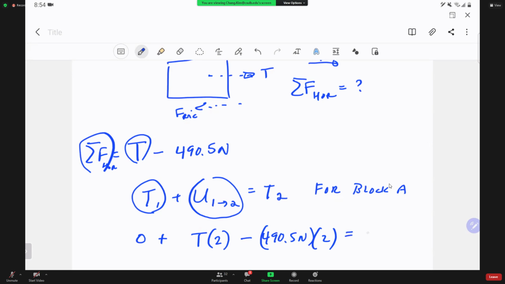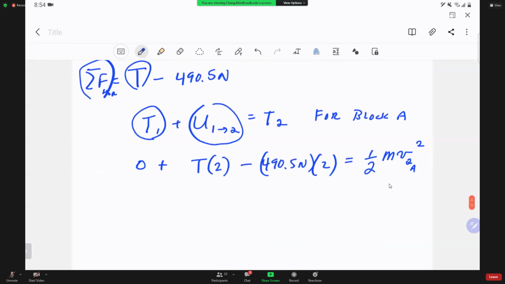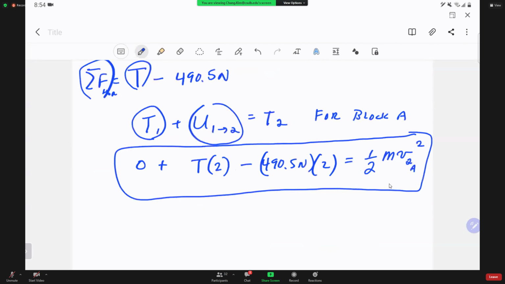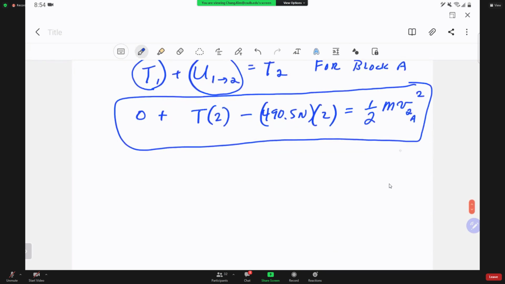And then that is equal to the change in kinetic energy, which would be 1/2 times m_A times v_2A squared. So this is one equation. The unknowns are the velocity of block A and the tension on the block.